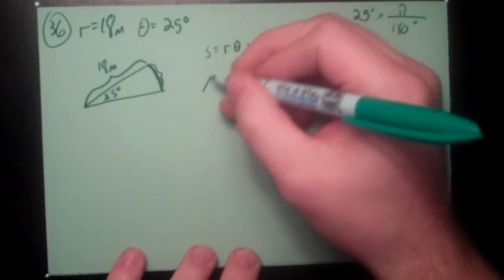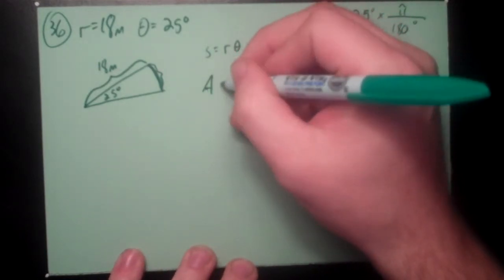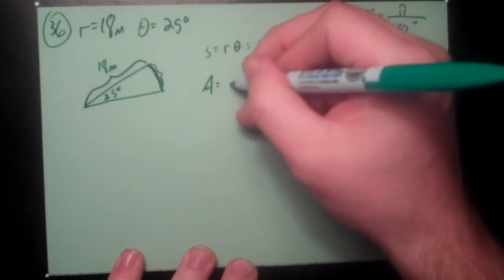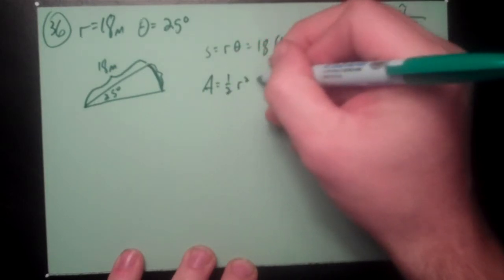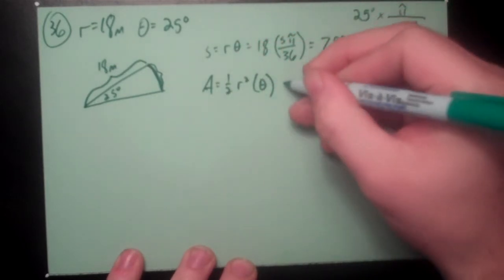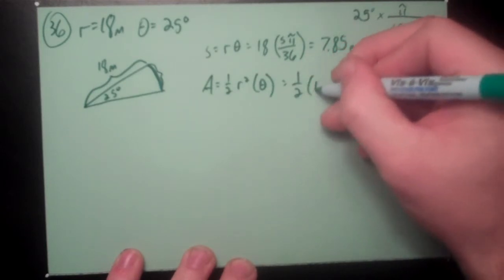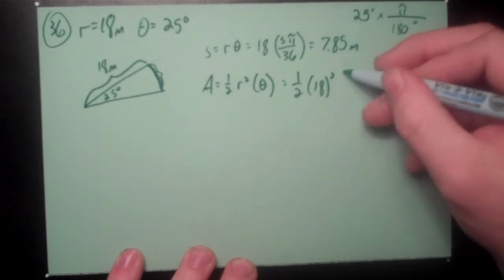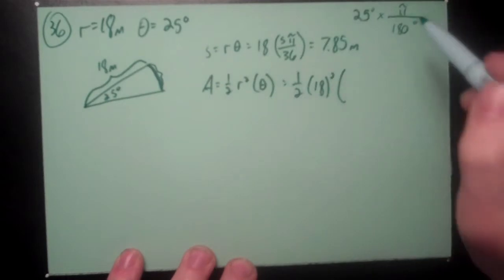Now let's check out the area. Area is equal to 1/2 r squared times theta. That's 1/2 times 18 squared times theta, not in degrees but in radians.